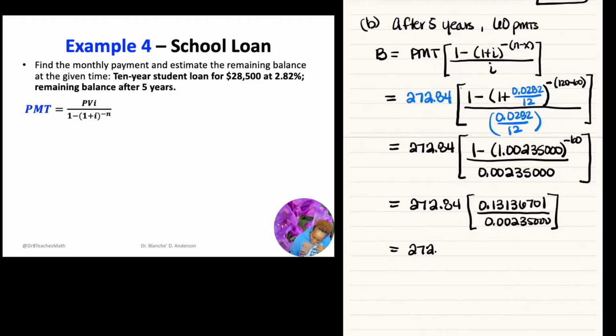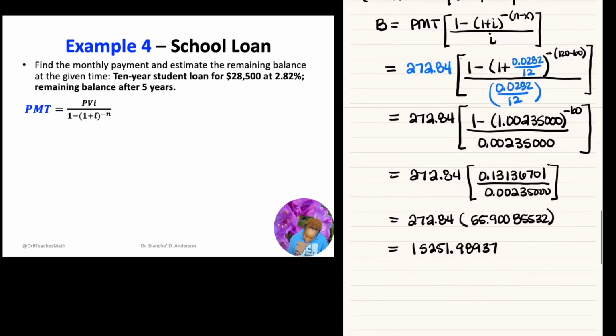And when you put that part in your calculator, you get 55,900.85532. And when you multiply that, you get 1525.98937.